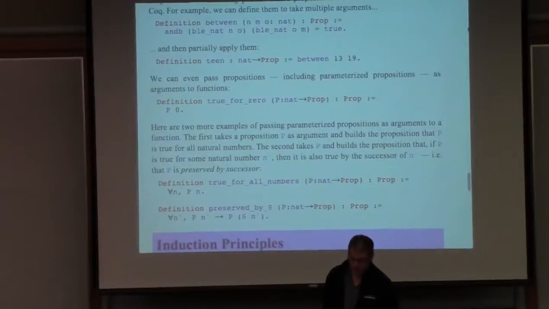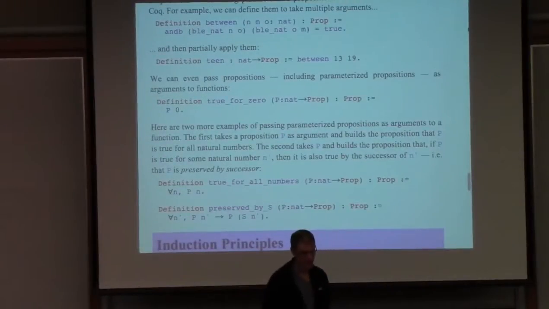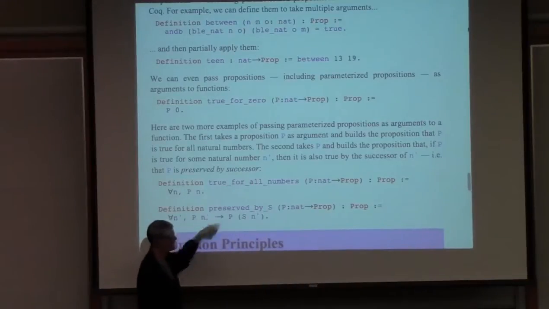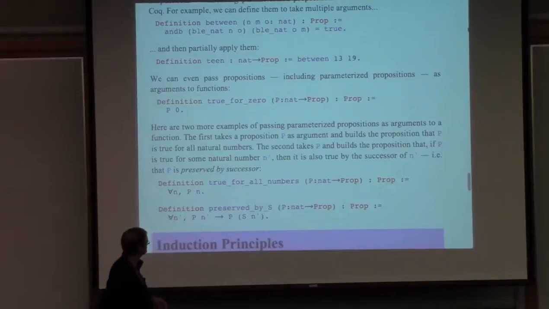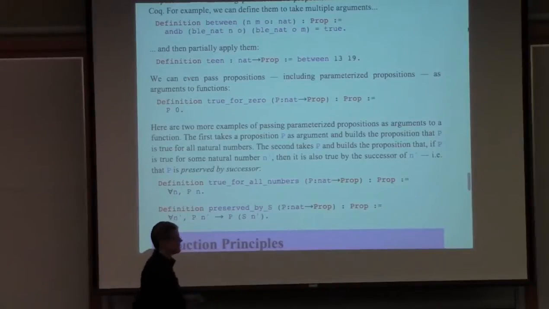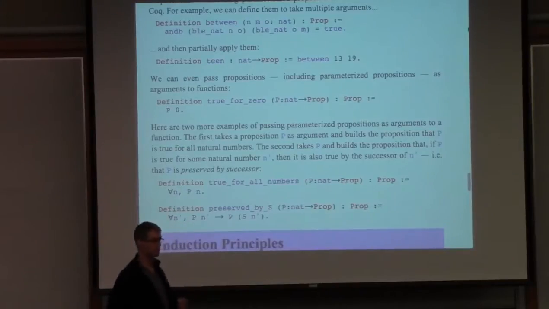We can define multi-argument propositions, and we can define higher order propositions. So for example, here are a couple of parameterized propositions, parameterized on other propositions, that might look familiar to you.